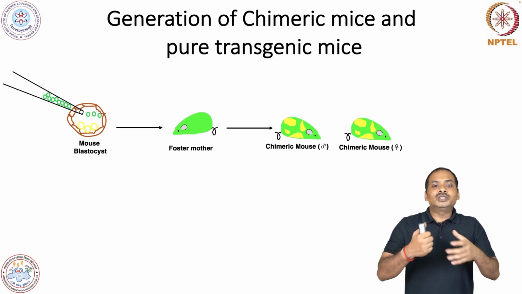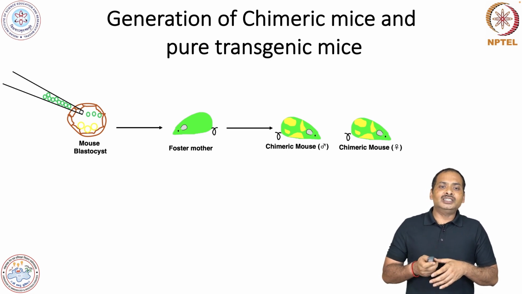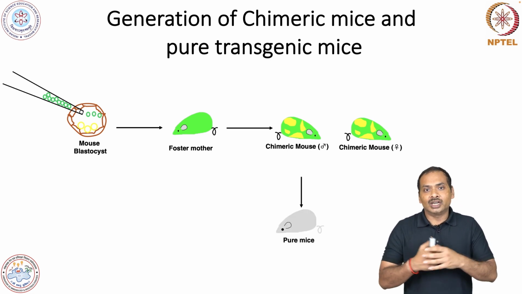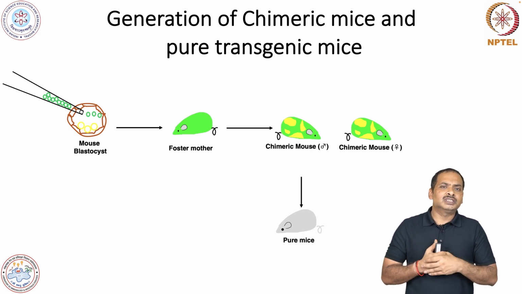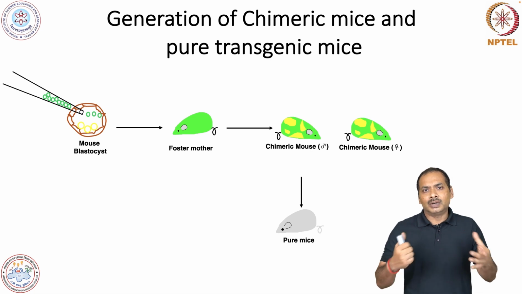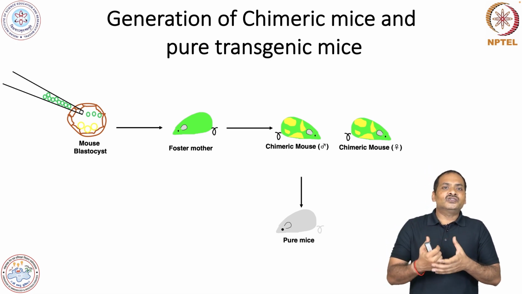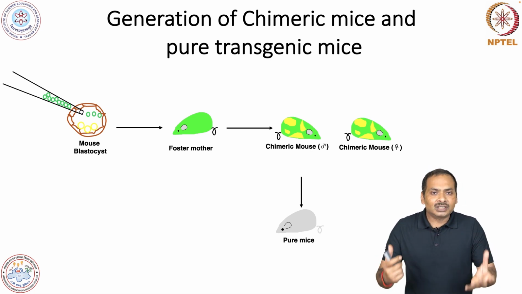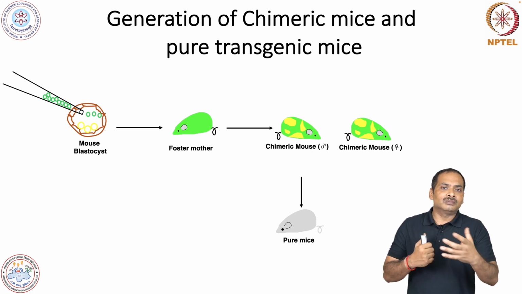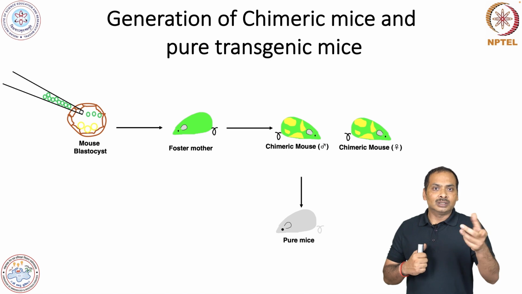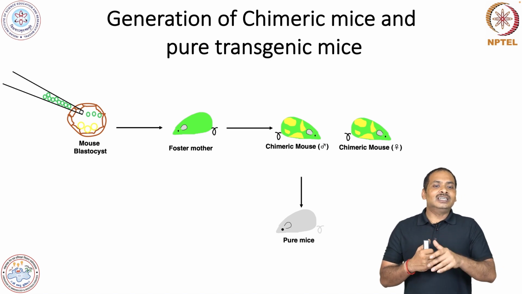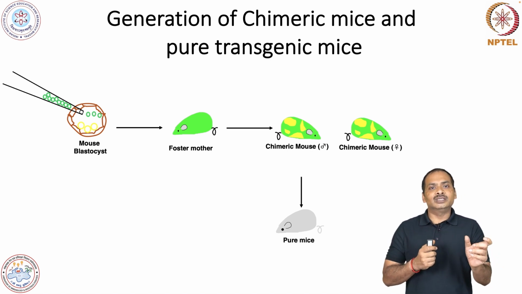Okay. So, you take these chimeric mice and then you mate them with some pure line. Generally we use some strain of mice, for example C57 black 6 or Balb/c mice, and if the reproductive organ of that chimeric mouse is derived from the mutant embryonic stem cell, then you will see the germ line pass.